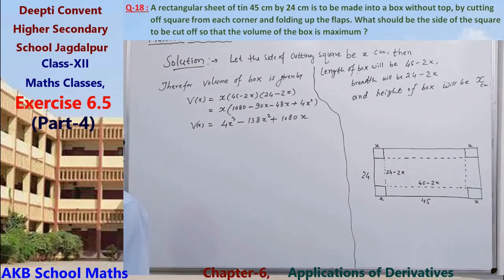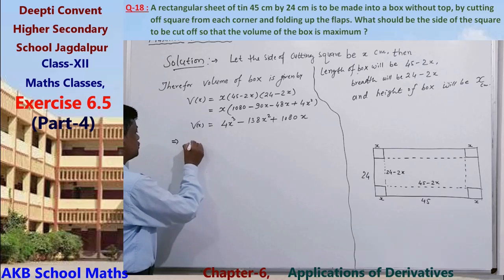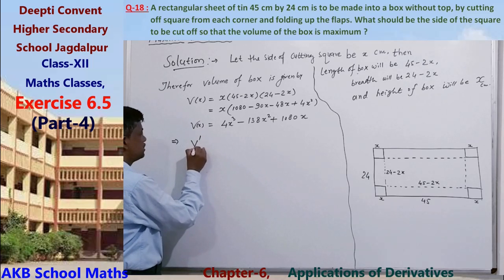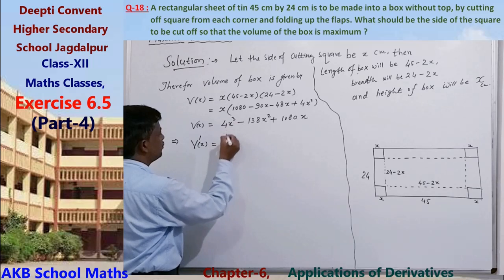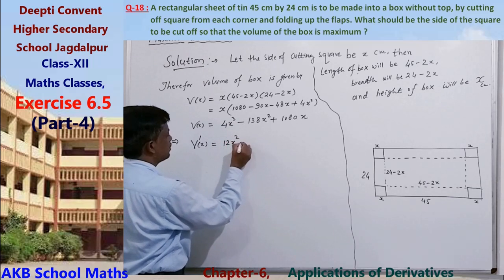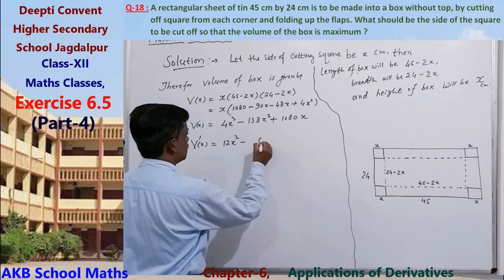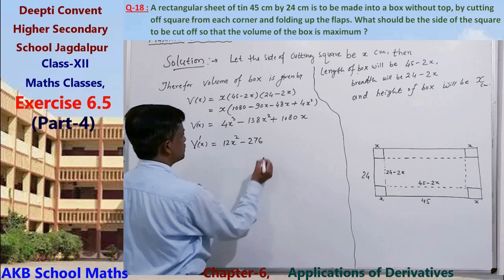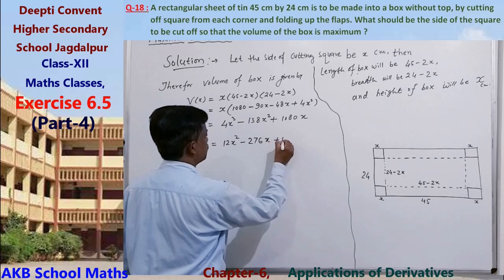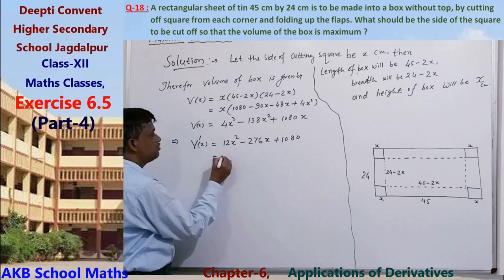Now we have to find first and second derivative. So differentiate it. V dash x equals 12x square minus 276x plus 1080. This is the first derivative.